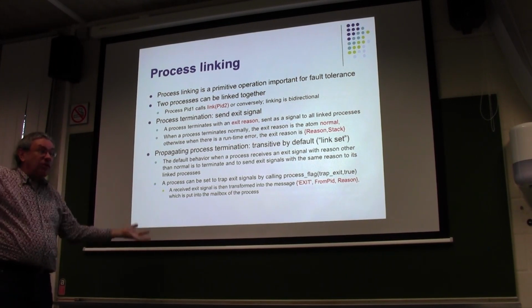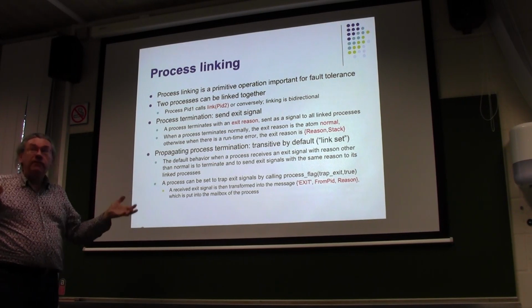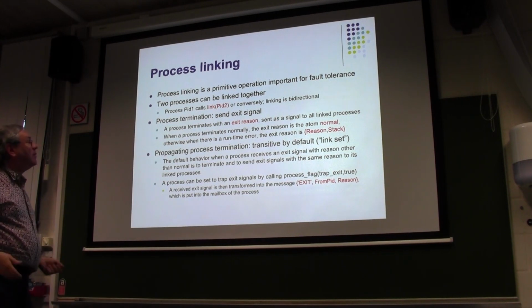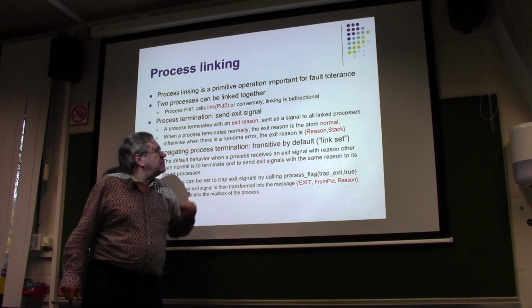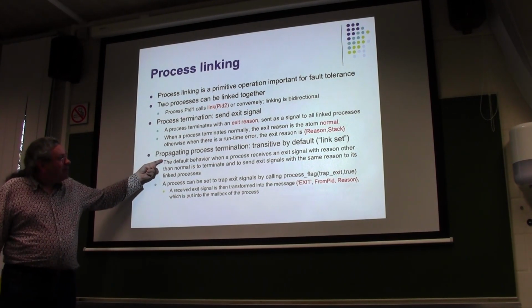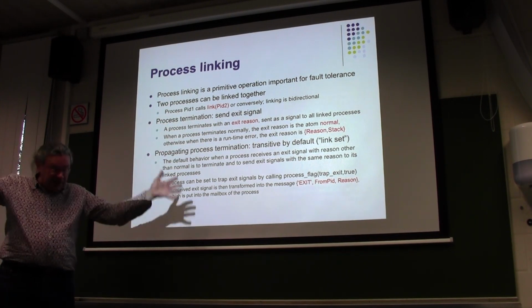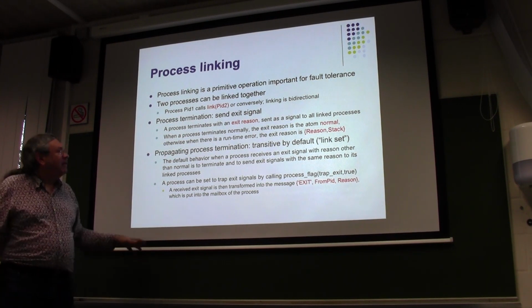So all the processes that are connected together, that have some connectivity, form one set called the link set. So this is transitive propagation. And the default behavior, when nothing is done, is the link set: when one of them fails, they all fail.